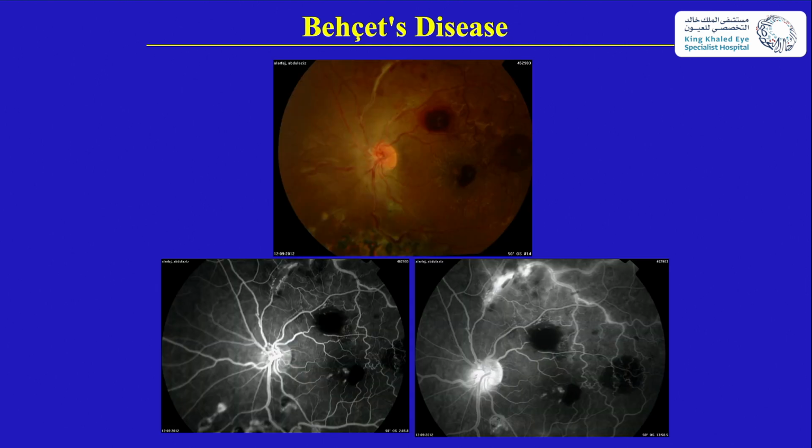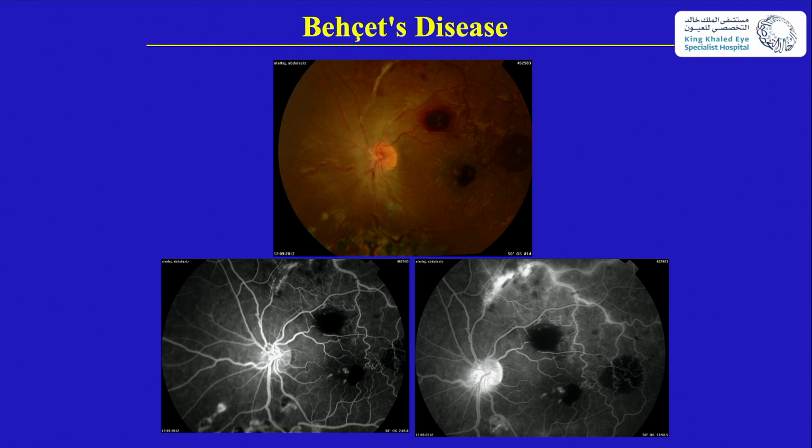Another patient. What is this? These are collaterals. Suggesting of what? All the branch retinal vein occlusion.